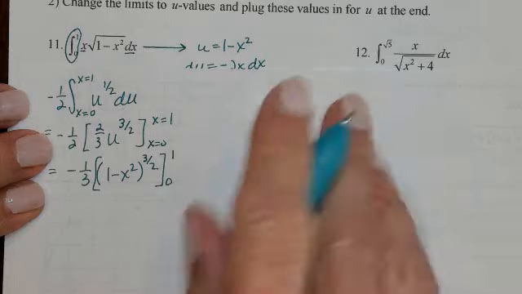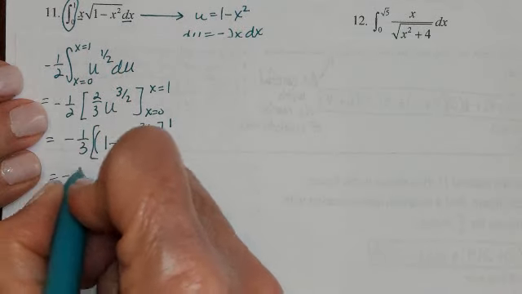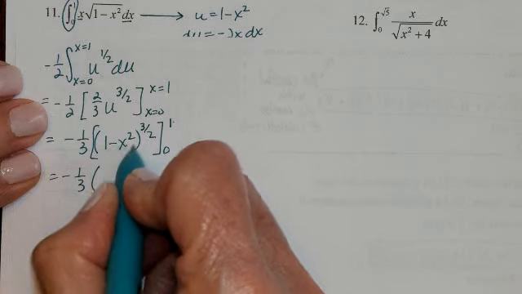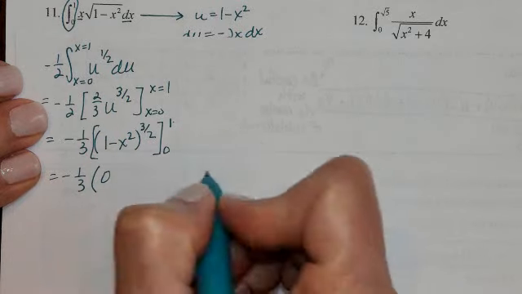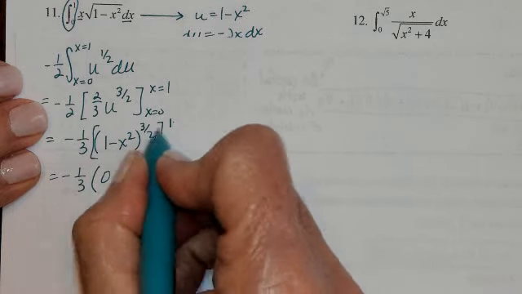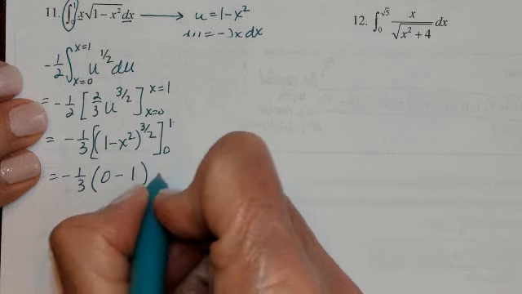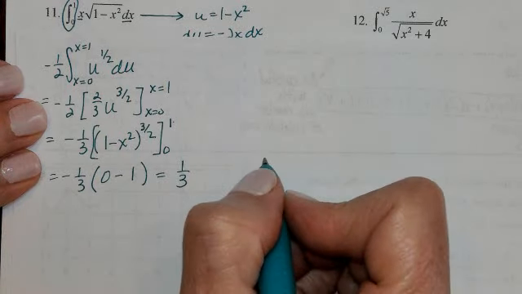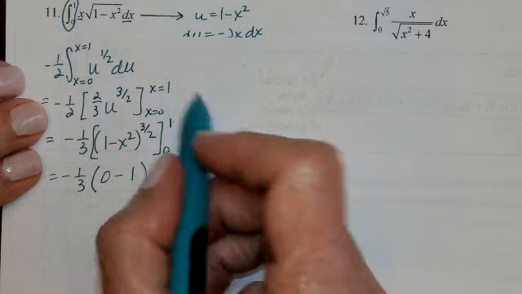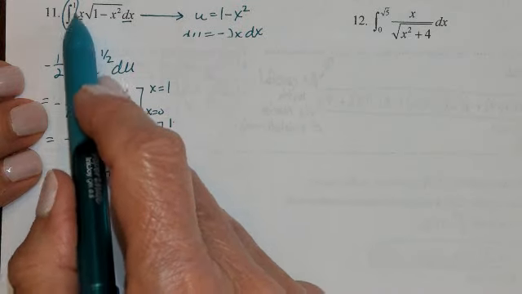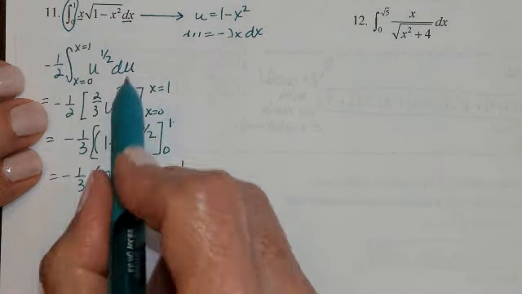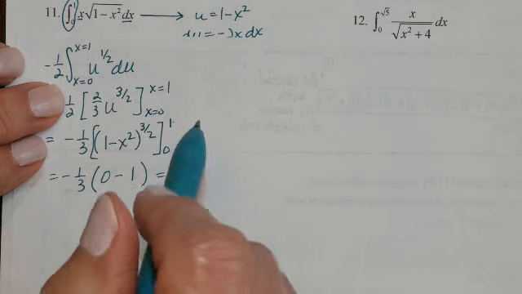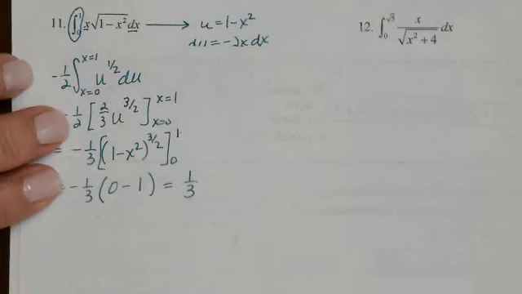Okay? So this would be negative 1/3 times, put 1 in for x, you get the 0, right? Put 0 in for x, you get 1, and we get what we knew we would get. We get 1/3 back. Okay? Some students just don't want to change the boundaries, and that's okay, but it does take a little extra effort on your part. Okay? But we should get the same answer regardless.